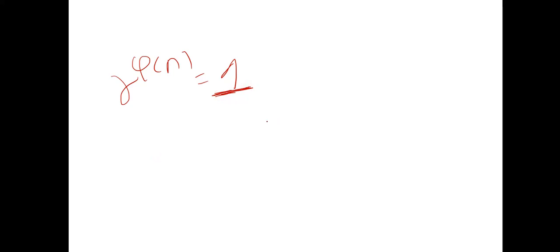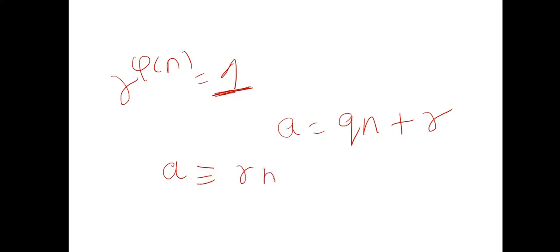Now, what is A equal to Qn plus R? If we divide A by n, we will have the remainder R. That is, A is congruent to R mod n.